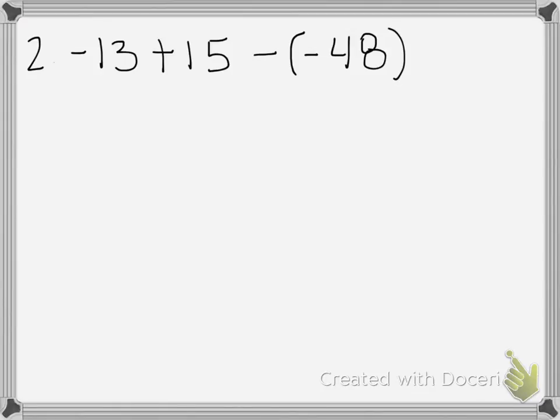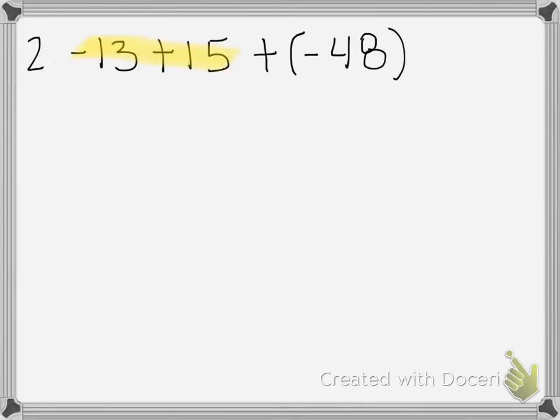Then we're going to look at number 2. We have negative 13 plus 15 plus, technical difficulties on my end, a negative 48. We're going to follow order of operations, which means we add and subtract. Oh, I'm sorry, I put subtract. That's supposed to be an addition sign right there.